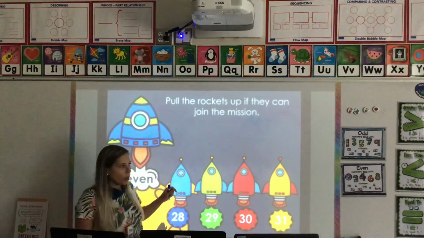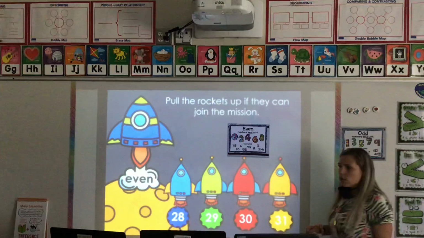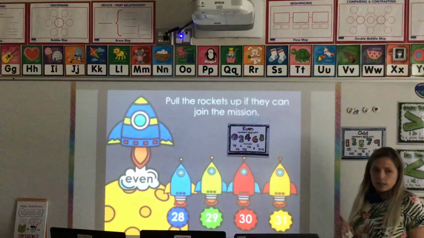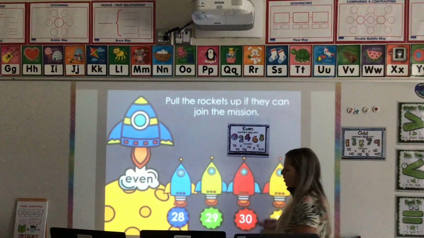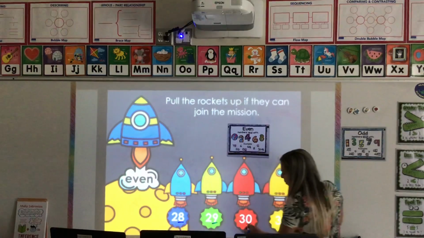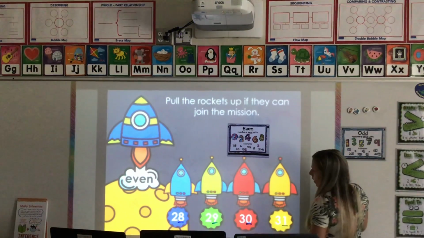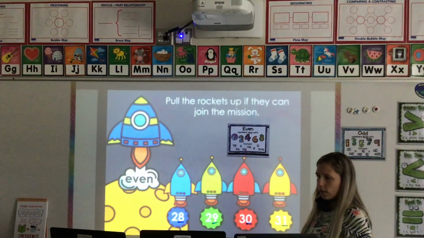Remember, even numbers end in 0s, 2s, 4s, 6s, or 8s. So we're looking at this last number in the ones place. If it ends in a 0, a 2, 4, 6, or 8.